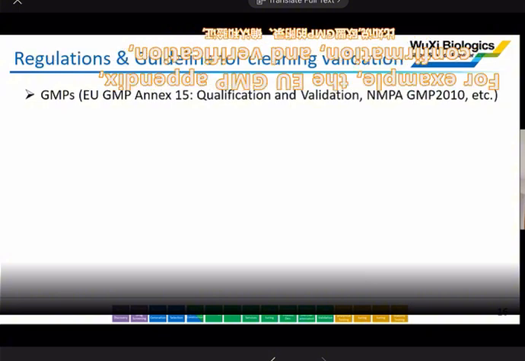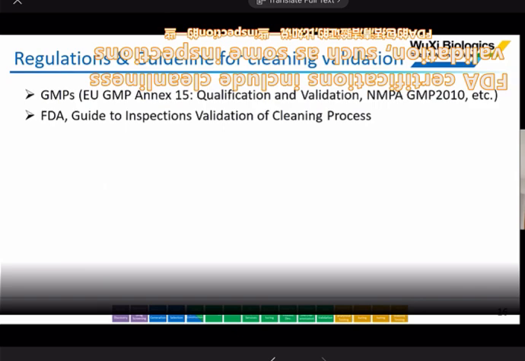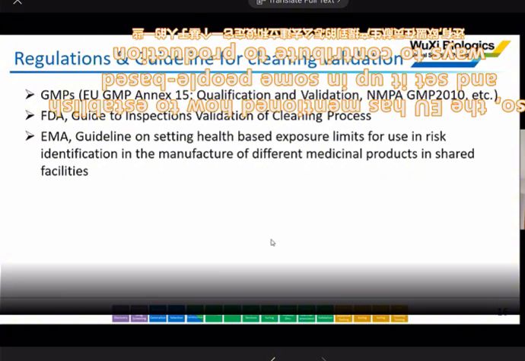Then there are some regulations and guidelines for cleaning validation. First, the GMPs in various countries specify how to verify cleanliness. They set very clear requirements. For example, the EU GMP Appendix on confirmation and verification.